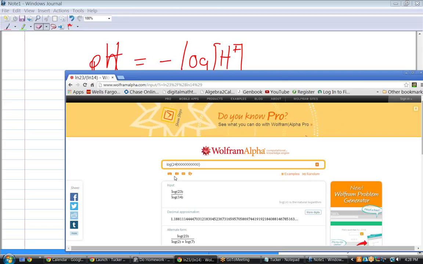Let's see. 10 to the 11th is a 1 followed by 11 zeros. There's 3, 3, 3, 2. Okay, so that's 10 to the 11th plus the log of 2.4. Ooh, 2.4 to the minus 1, which is the log of 1 divided by 2.4.